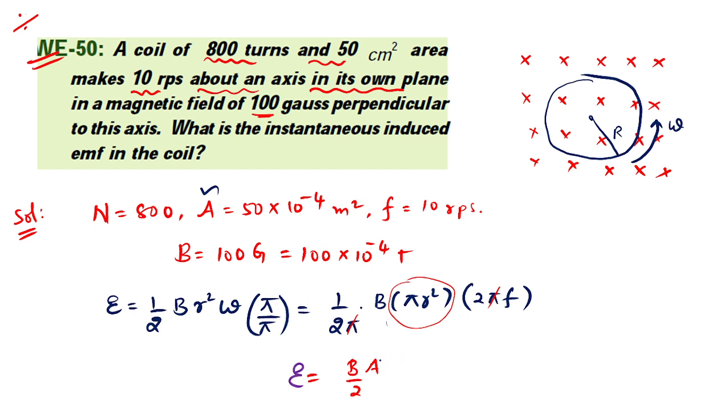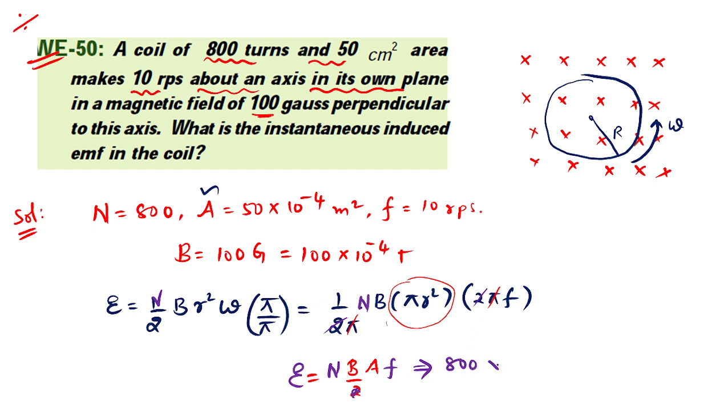And 2 is also there, no? 2 and 2 can I cancel? Only BAF will be there. Yes or no? The formula will convert into this one, BA into f. And the number of turns is there, so NBAf. How many turns are in the coil? N. So NBAf, right? Now multiply them.